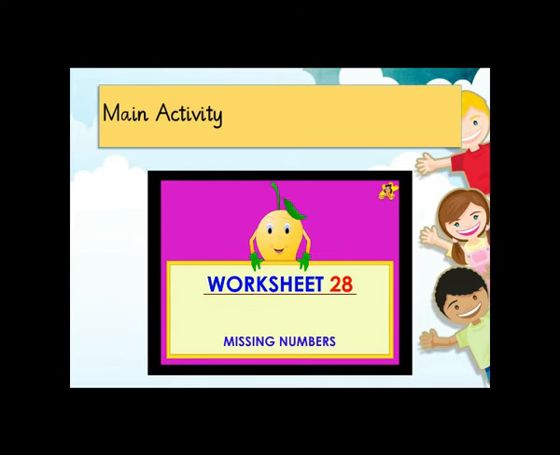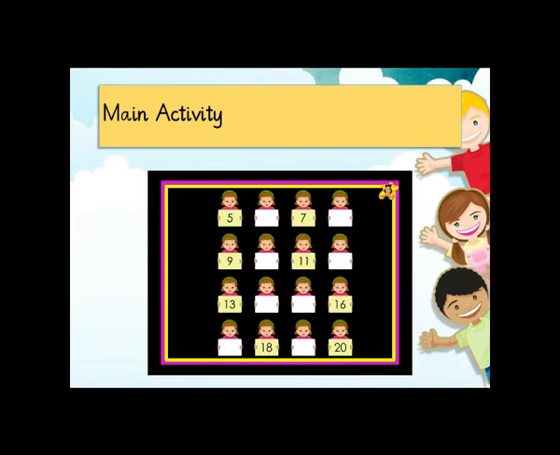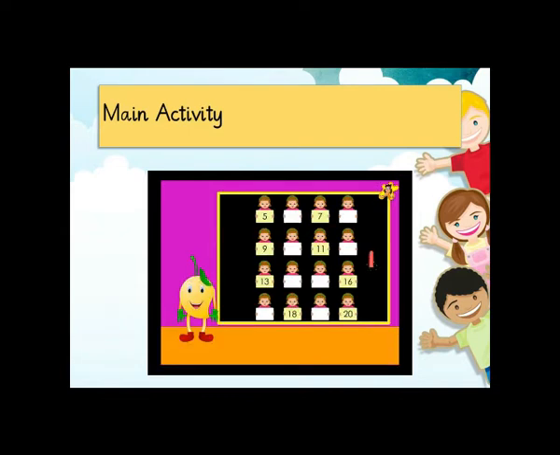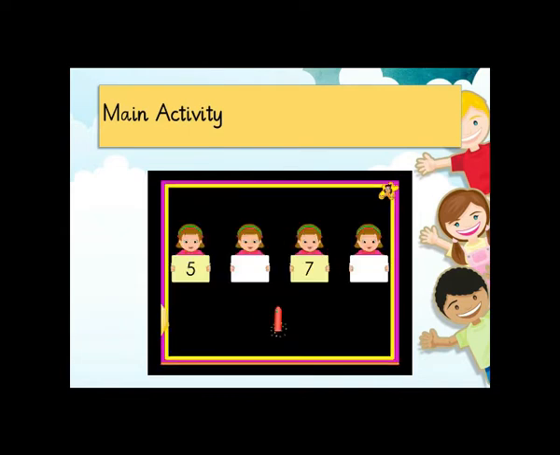Worksheet 28. Missing numbers. Fill in the missing numbers. 6, 8.